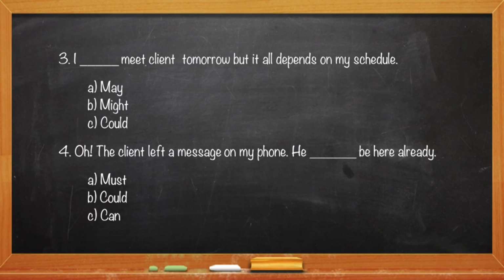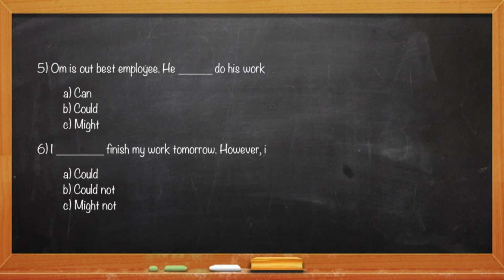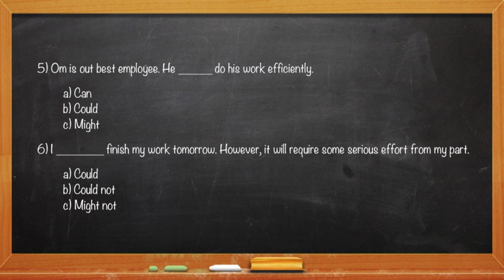Four: Oh, the client left a message on my phone. He dash be here already. Must, could, can. Five: Om is our best employee. He dash his work efficiently. Can, could, might. Six: I dash finish my work tomorrow, however, it will require some serious effort on my part. Could, could not, might not.